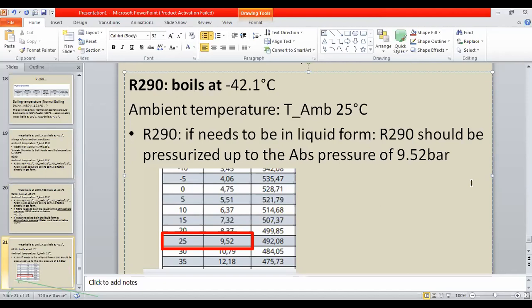9.52 bar. So this can be the storage temperature of this R290, maybe some application conditions. So when the ambient is 25 degrees, at this ambient, if we need R290 in liquid form, the R290 should be subjected to a higher pressure.